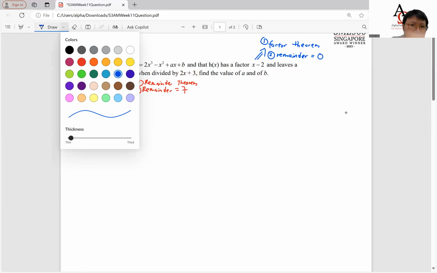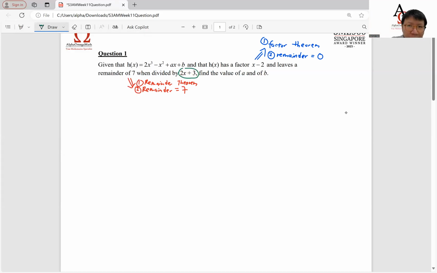So these are our two expressions given. What we can do is first find what to sub in by letting our expressions be equal to 0. So we'll sub in x equals 2 as well as x equals negative 3 over 2. With these two, we can apply our factor and remainder theorems.